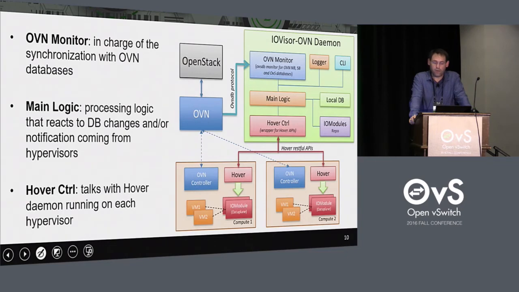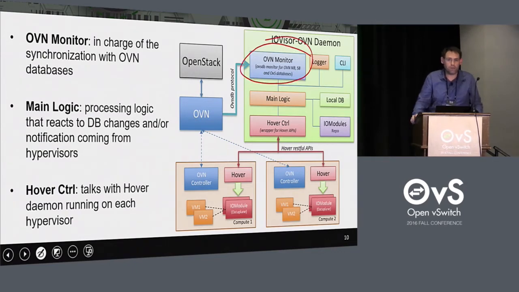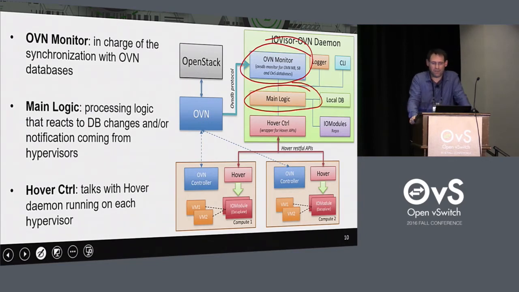Internals of our prototype. So the main components are the OVN monitor here, which is in fact the component that is in sync with the 3 different databases that we presented previously. We have the main logic, which is the processing logic that reacts to DB changes and implements the same service or the same action according to IOVisor logic.